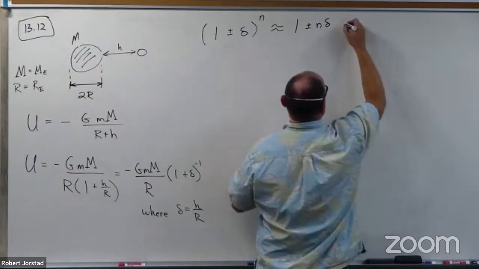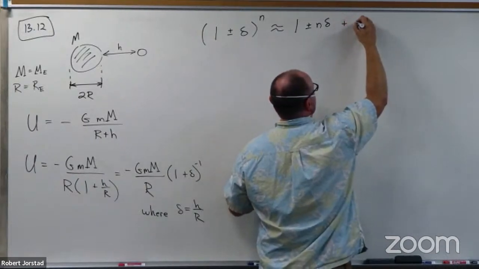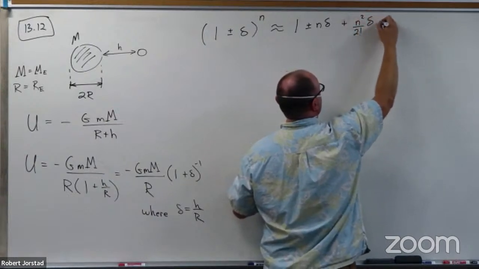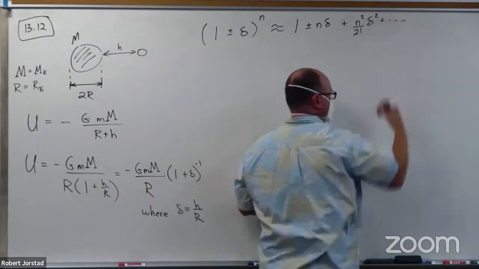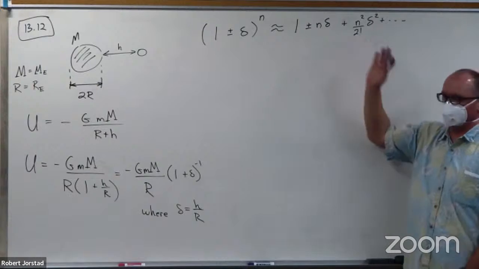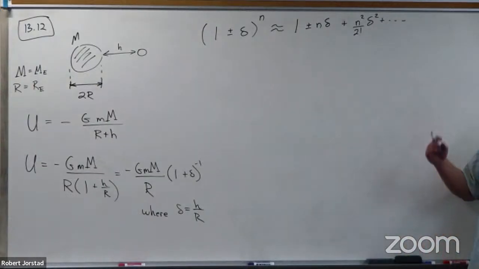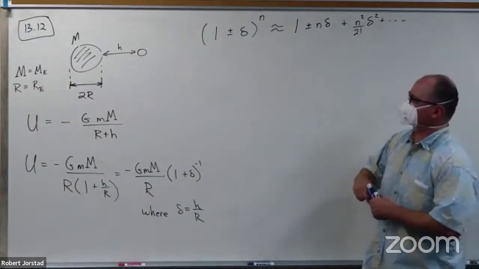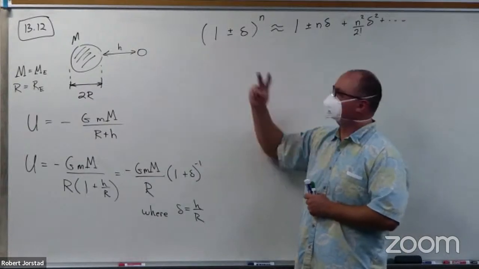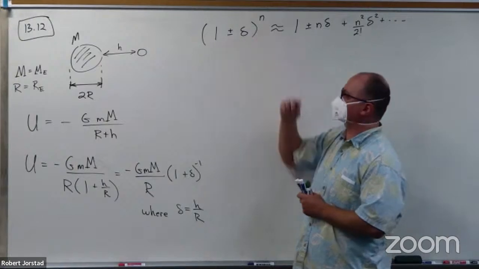I think it would be plus. Something like that. You could look this up in a book. This is called the binomial expansion, or it's related to the Taylor series expansion of this. We're going to call it the binomial expansion because this is a binomial, right? There's two terms to some power.